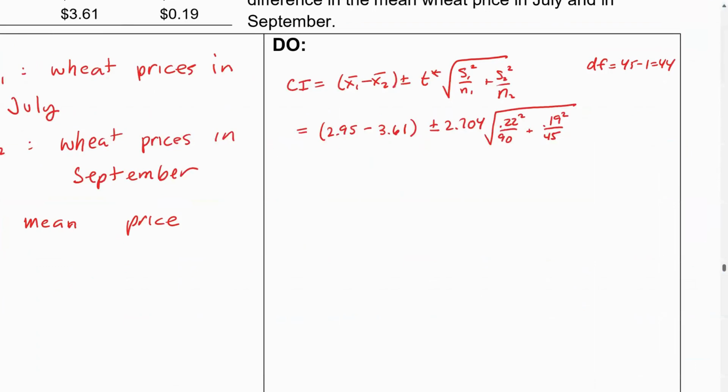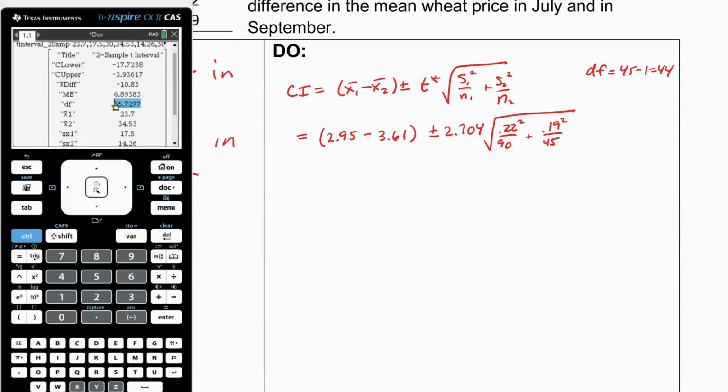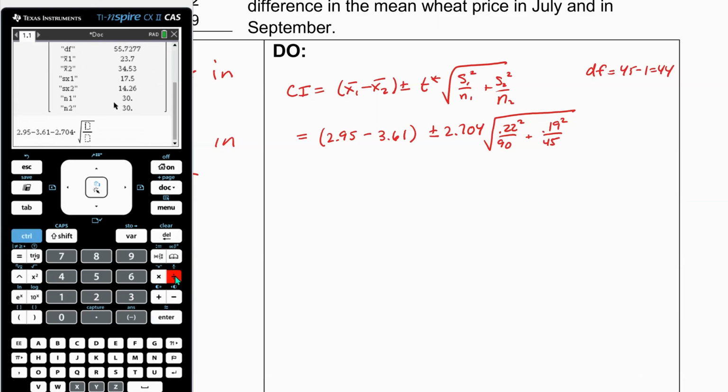All right. Going back to the calculator, let's go ahead and get that in. 2.95 minus 3.61 minus 2.704 times the square root of the fraction 0.22 squared over 90 plus 0.19 squared over 45.